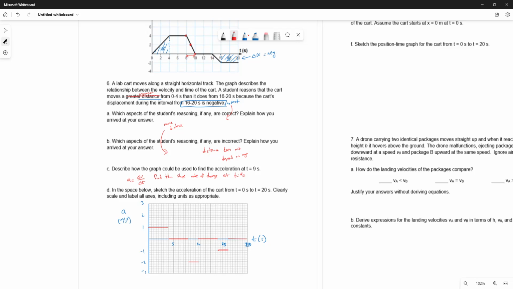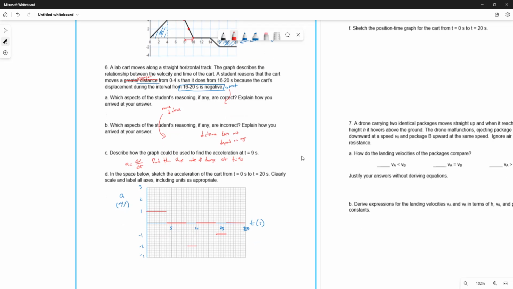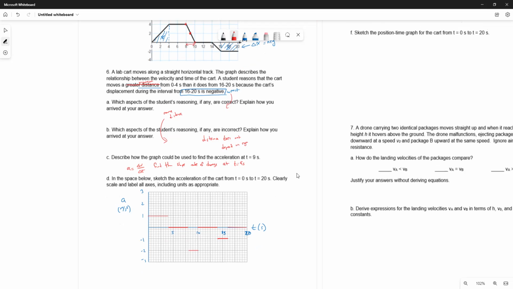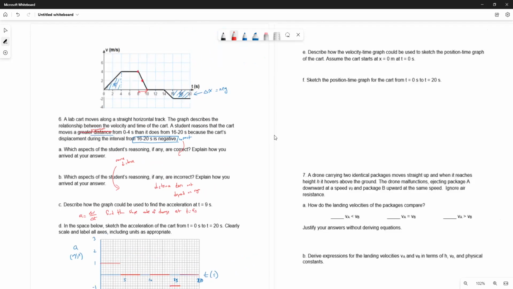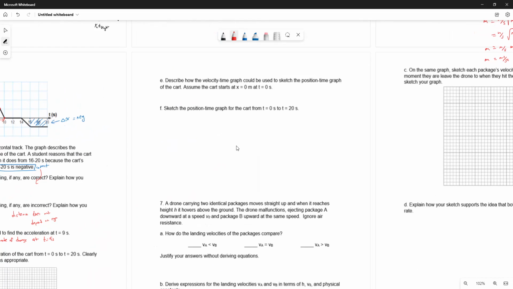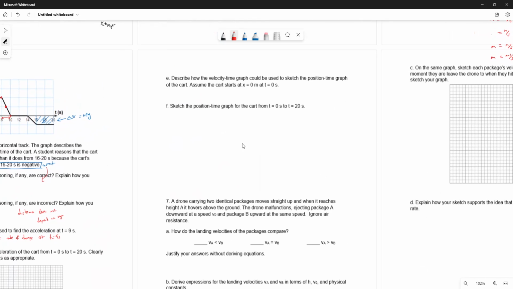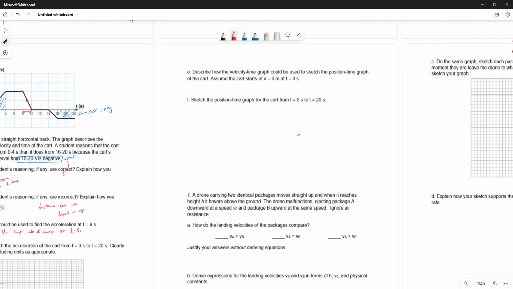Okay. That's what the acceleration graph looks like. I know it's not super interesting or even intuitive, but all we're doing is graphing the slopes from the velocity graph. So at the very least, just remember that the slope of a velocity graph is the acceleration. And then this is what constant values look like on a graph. Describe how the velocity time graph could be used to sketch the position time graph of the cart.